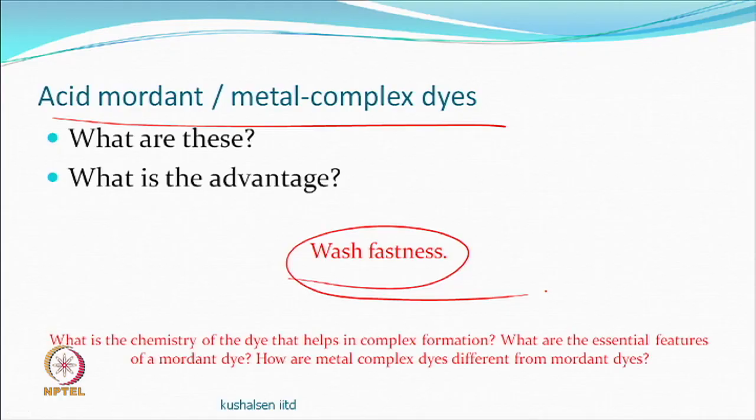So, you should try to get this information from your previous classes that you have learned. What is the chemistry that helps the dye in complex formation? Why does any dye form a complex? We are looking at metallized complexes here.